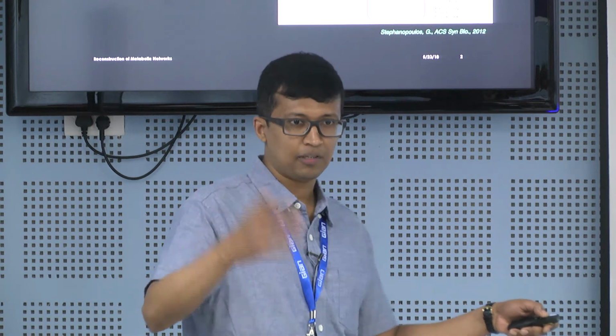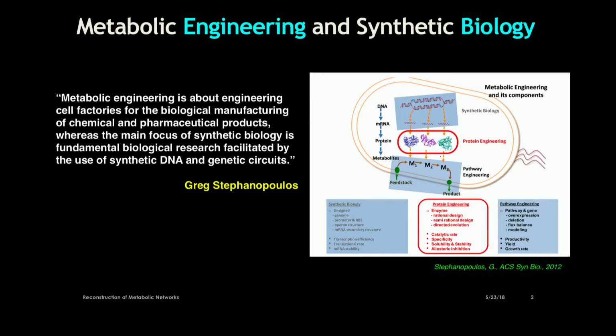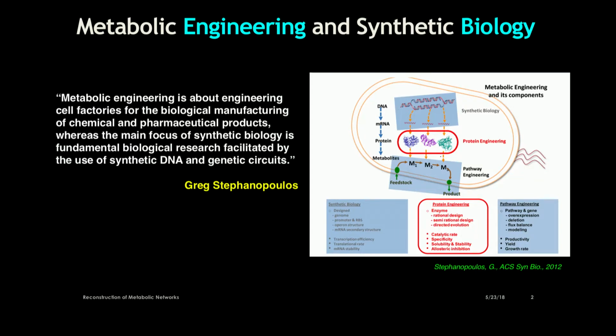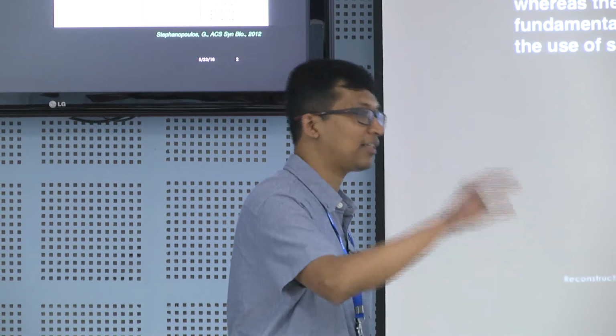That step is known as pathway engineering. Now, to synthesize that specific protein, you might have to do some protein engineering, and then to have that protein you might have to knock in that gene, if I go up the central dogma of biology. So, what Greg Stephanopoulos mentioned is that synthetic biology is one of the aspects of metabolic engineering. If you look from this point of view, again the signal transduction and what else you have mentioned is absolutely right.